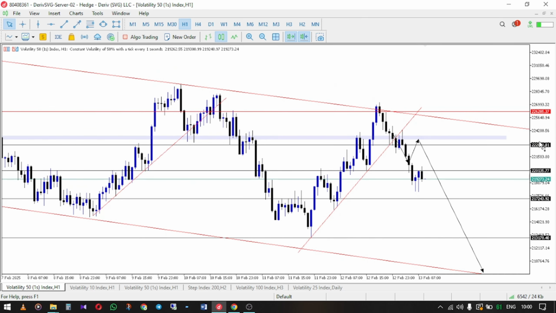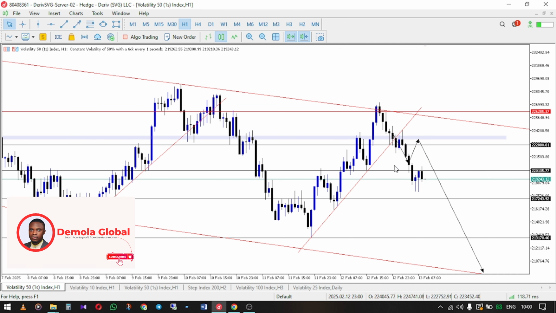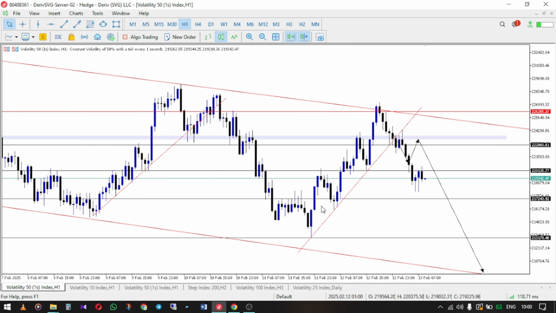Remember in the video I made, I said that we want to see that this trend line is being broken, and then we see a continuation movement to the downside before we start selling this market. Yeah, right? Because we have the first test here on the trend line 1, and the second test here on the trend line 2, and the third test here on the trend line.